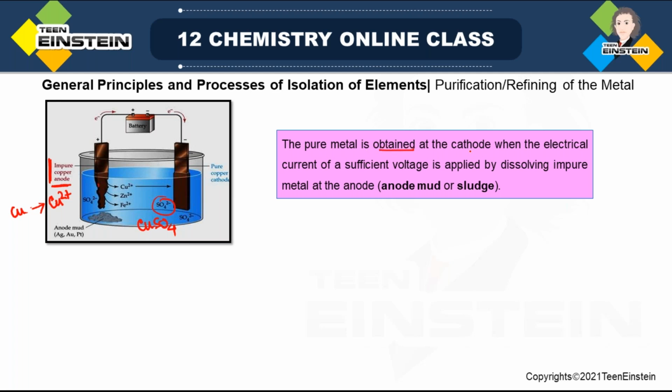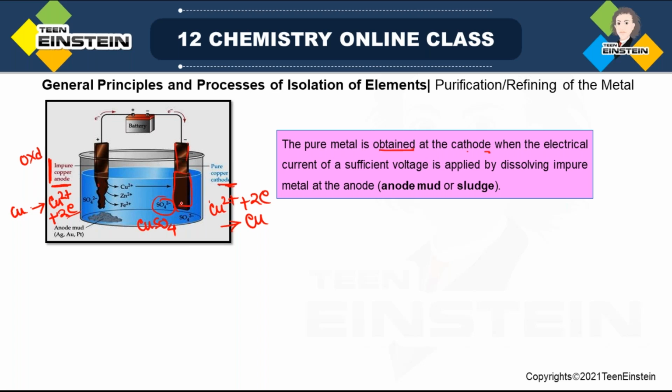The pure metal is obtained at the cathode. Why? Because the cathode is already pure copper, and oxidation is taking place on the left hand side. These electrons will now be taken by Cu2+, and it will be converted to pure copper, and this pure copper will be deposited here.